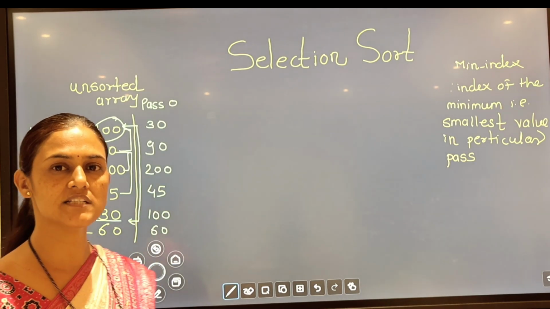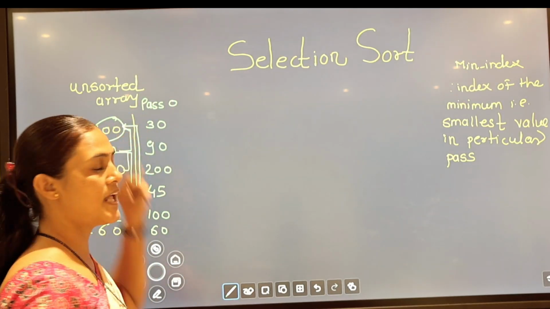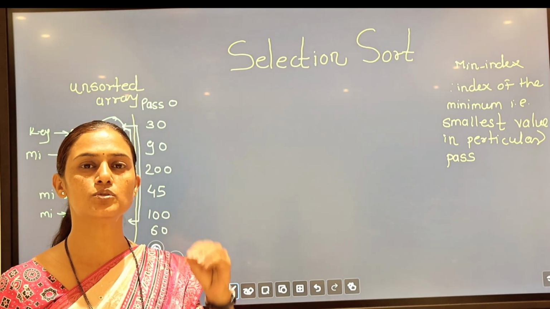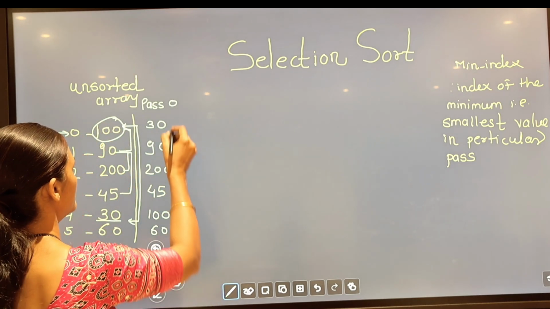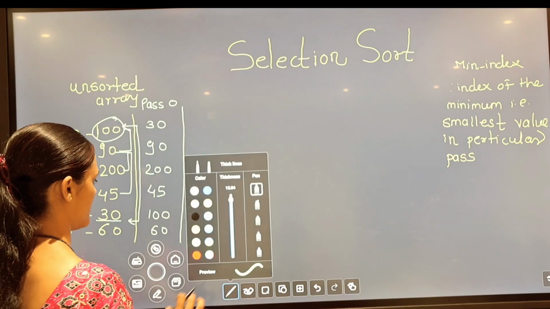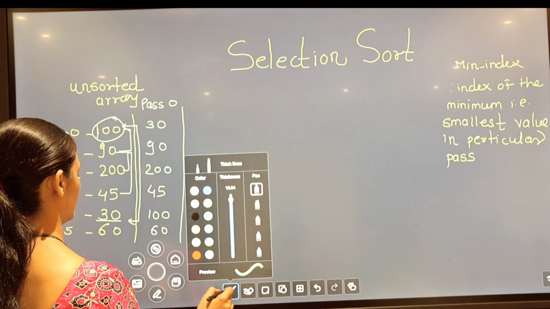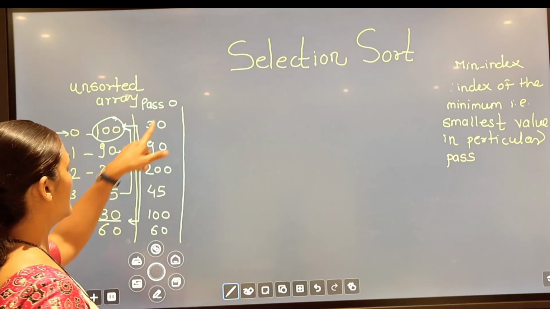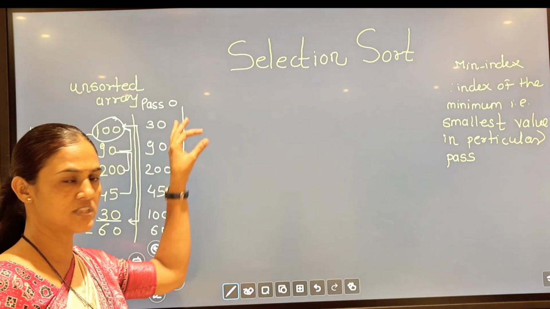So during pass 0, or the very first pass, the value at the 0th position is exchanged with the smallest value in that array. So now during the first pass we get the smallest value.